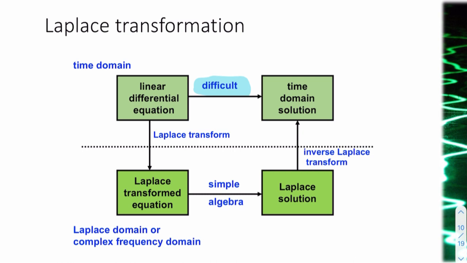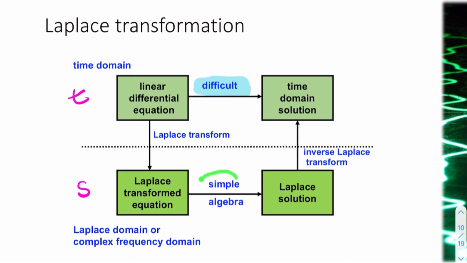By taking our problem from the time domain into the complex frequency domain, into the S domain, so here it's a function of t, here it's a function of s, finding the solution is much, much easier because differentiation in time is simply multiplication by s, or s squared, in S domain.